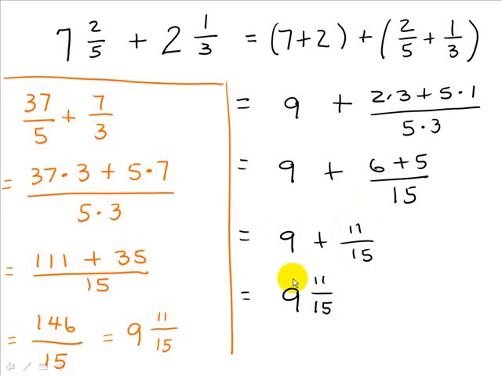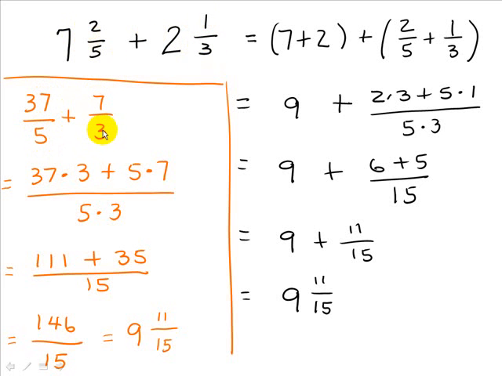All right, again, on the left, I've done the problem slightly differently, with a way you might be accustomed to. I did it by making the mixed numbers into improper fractions. You don't usually want to do this because it makes the numbers larger and a little more difficult to deal with, but I did it nonetheless to show you. So 7 times 5 plus 2 is 37 all over 5, plus 2 times 3 is 6, plus 1 is 7 all over 3.